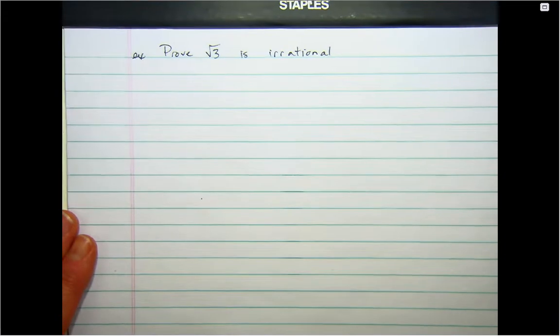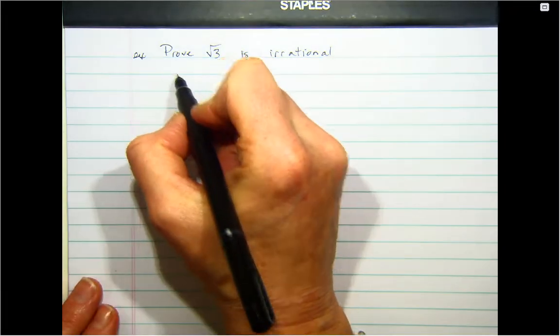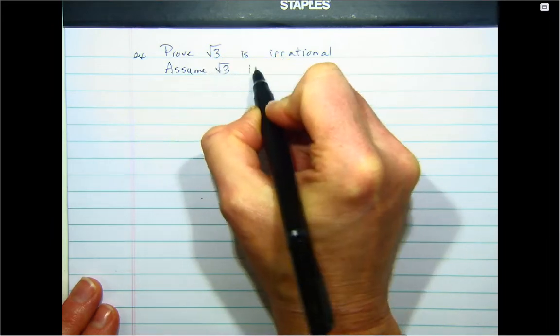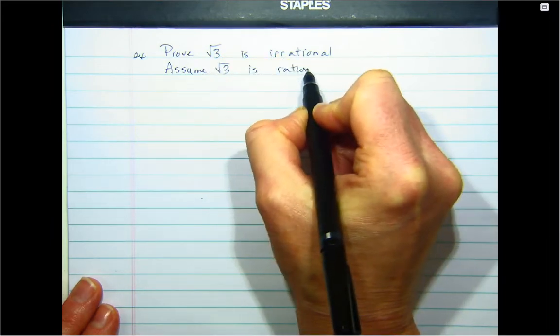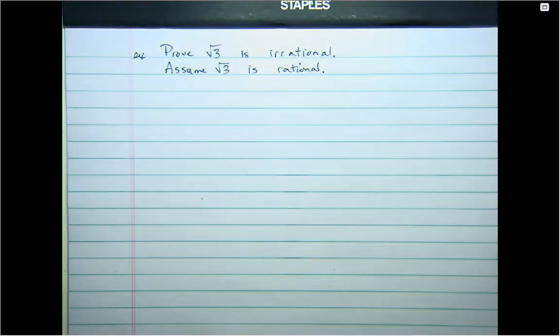So we'll take the same technique. Okay? We assume the square root of 3 is rational.